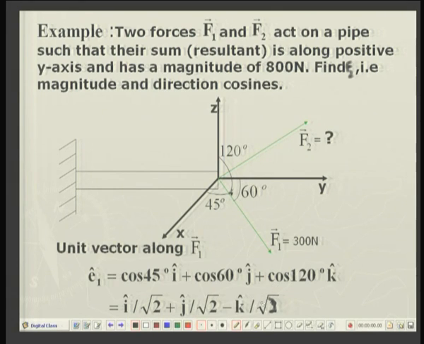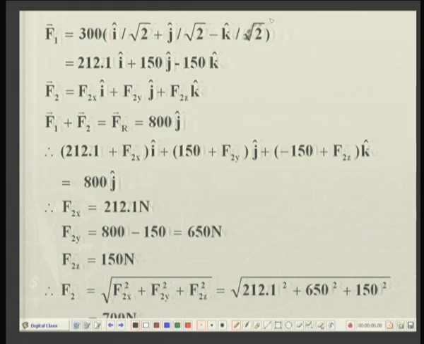Sorry for the mistake, there is no square root sign over here. So you can find that F1 is equal to 212.1 i plus 150, that is 300 by 2, j, minus 150 k.